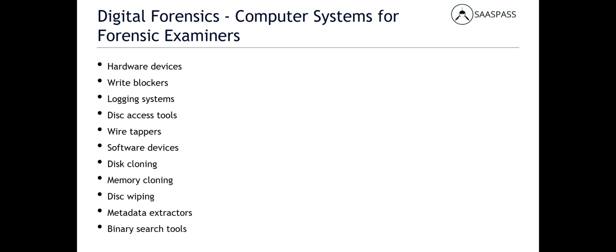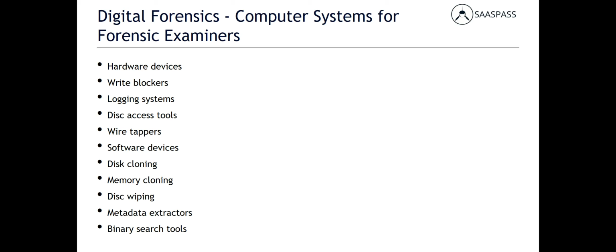And then we will discuss the software devices, like disk cloning, memory cloning tools, disk wiping tools, metadata extractor tools, and search tools. And we will make a follow-up with some examples and some operating systems that you can specifically use for digital forensics.